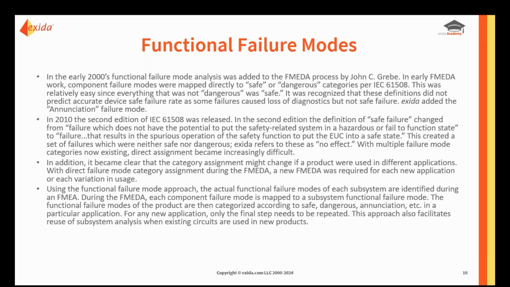In the second edition, the definition changed to a failure that results in the spurious operation of the safety function to put the equipment under control into a safe state. In other words, a safe failure was no longer anything that was not dangerous. It was specifically those failures that caused a spurious trip.